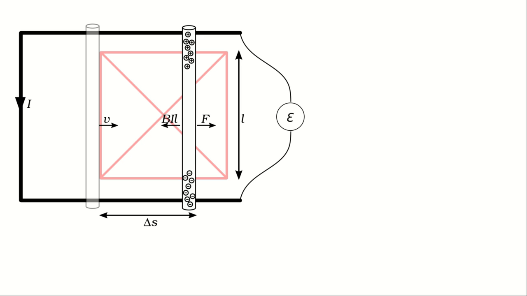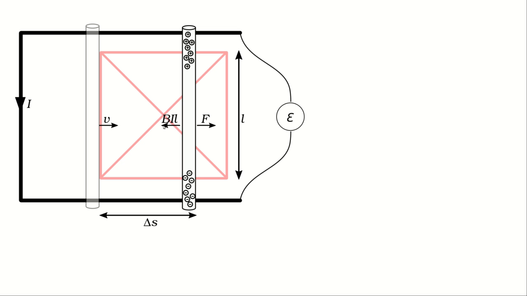So we can derive the term for that voltage by looking at this here. I've defined some terms. I've defined the distance that the wire moves as delta S. I'm moving it at constant velocity, so the forces on it must be balanced. If we add a conductor here, then there's a complete circuit, and the electrons will flow around with a current flowing in this direction.